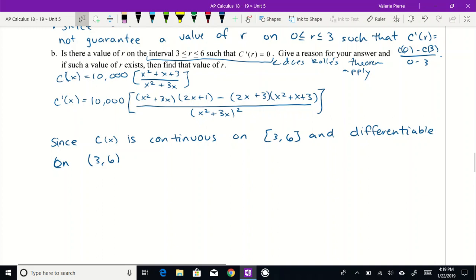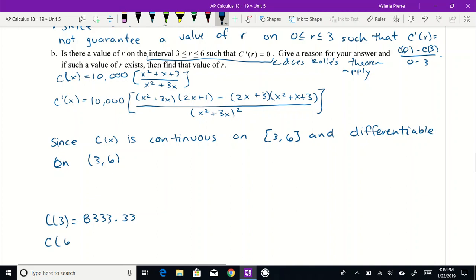Right, so Rolle's theorem, we need continuous and differentiable. And we need the values at the endpoints of the interval to be equal to each other. So C of 3, if we plug that into a calculator, we get 8,333.33.